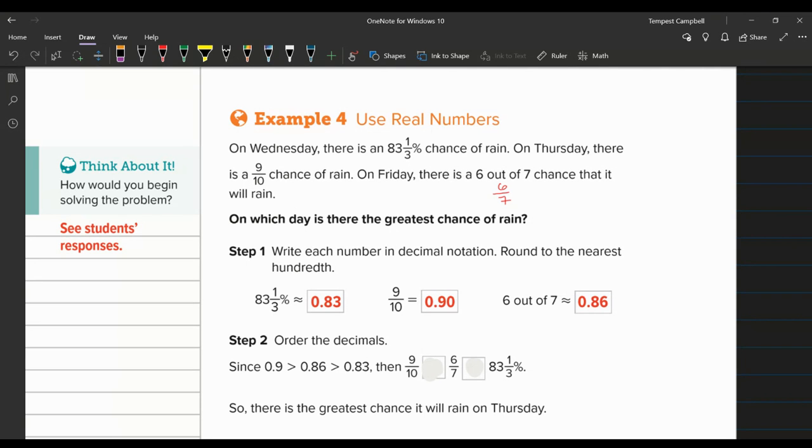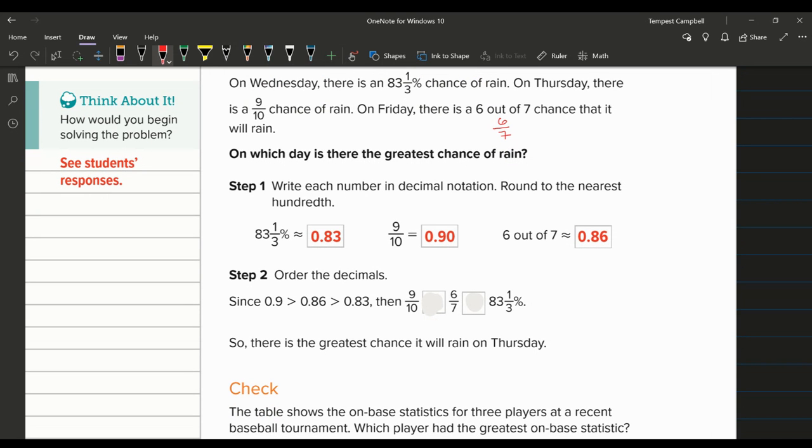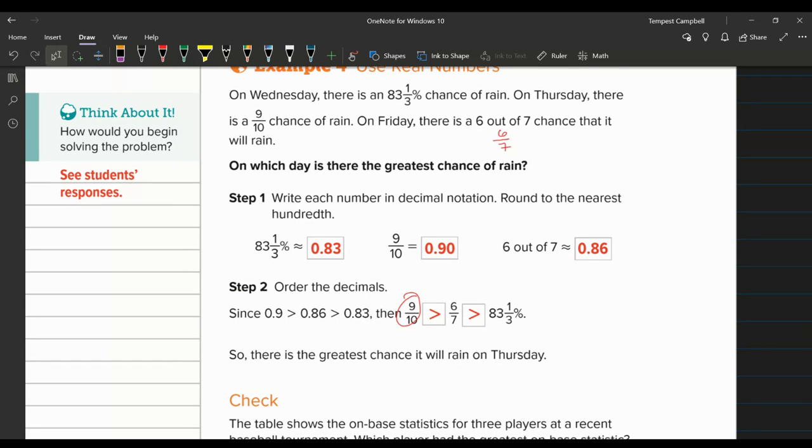Plug this into the calculator, we get 0.86. So that tells us 0.9 is greater than 0.86, which is greater than 0.83. And so that tells us that 9/10 is greater than 6/7, which is greater than 83 and 1/3%, meaning 9/10 is our greatest chance of rain, and that was on Thursday.